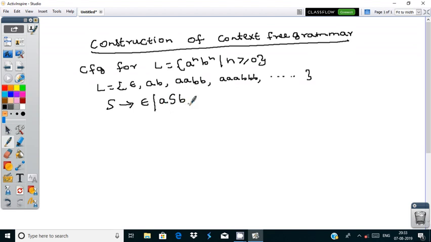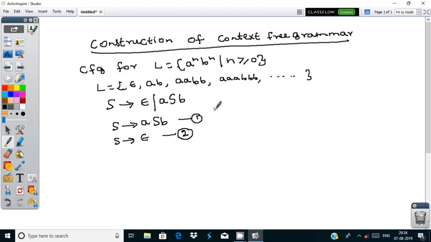When you apply this rule repeatedly, you can generate as many a's and b's together. So you can rewrite this rule: S tends to aSb is rule number 1, and S tends to epsilon is rule number 2.